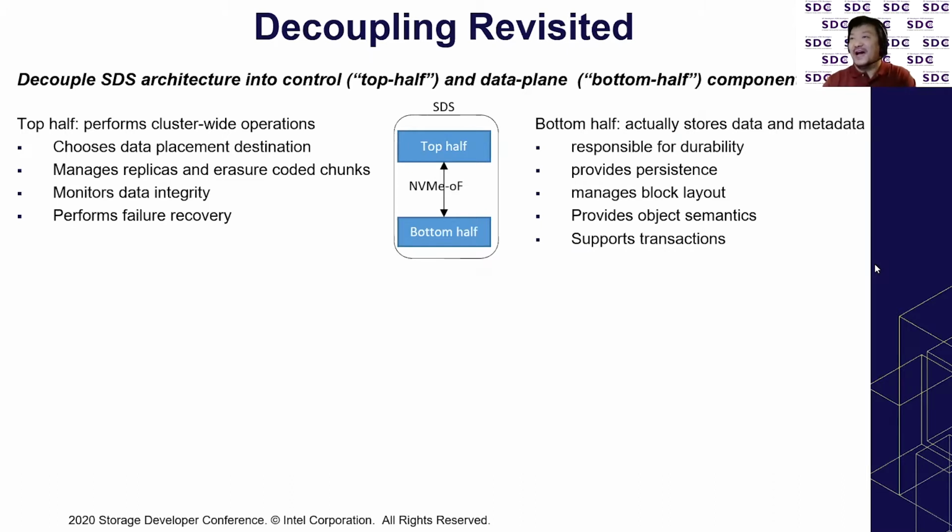The top half performs cluster-wide operations, such as deciding the data placement strategy to satisfy your required SLA, and managing replicas or erasure coding chunks, deciding where they're going to be added. It also monitors data integrity, meaning that if a data integrity problem is identified from scrubbing, it will be recovered by the top half.